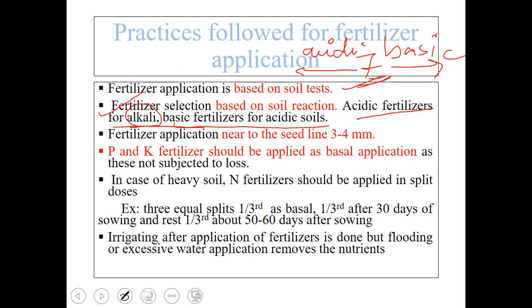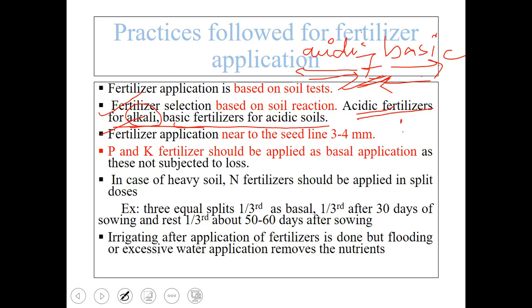So if it is a basic soil, we have to reduce the pH, and to reduce the pH we apply acidic fertilizers. Similarly, if the soil is acidic, then we have to increase the pH by application of basic fertilizers.